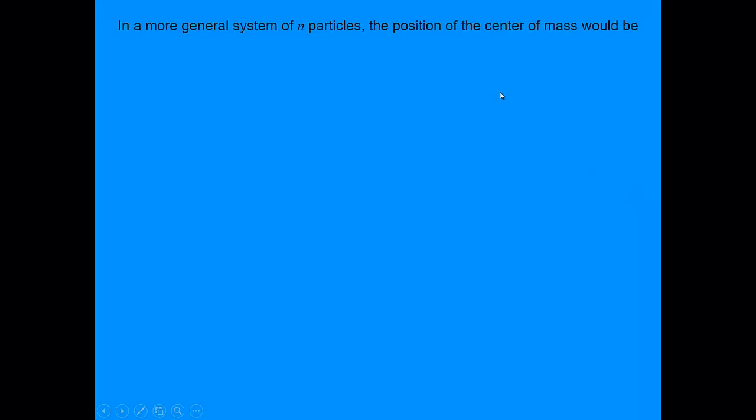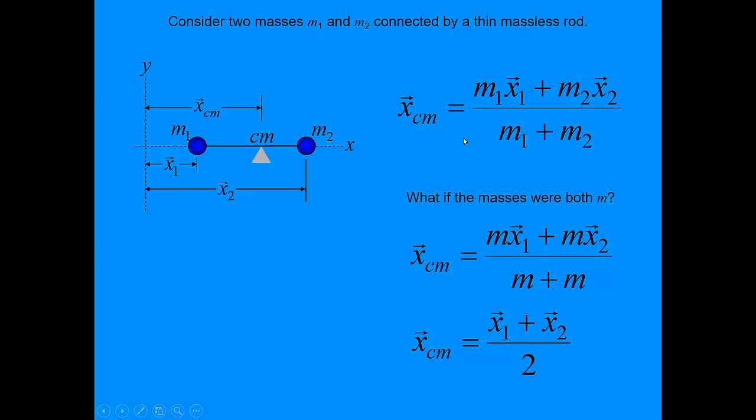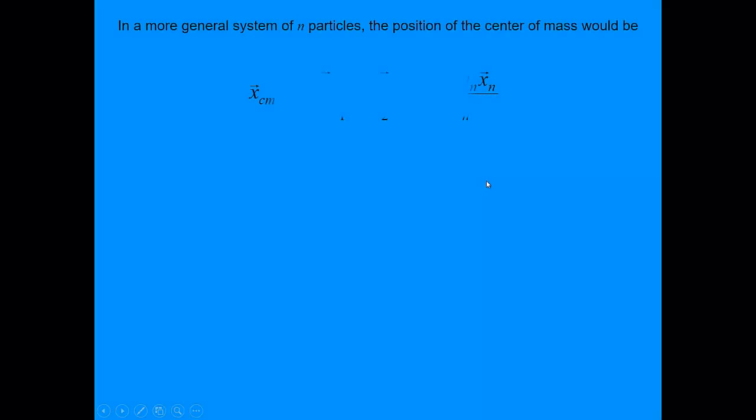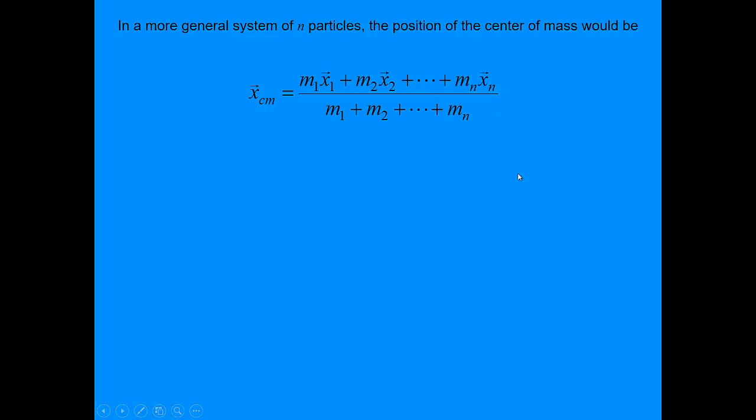In a more general system of n particles, we would have to add an mx for each particle. In other words, it would look like this: m1x1 plus m2x2 plus all the way up to mnxn, where these are the nth particles. So if there were 20 particles, we'd have 20 mx's. And this is still just the total mass. We're just adding up all of the masses that are involved.